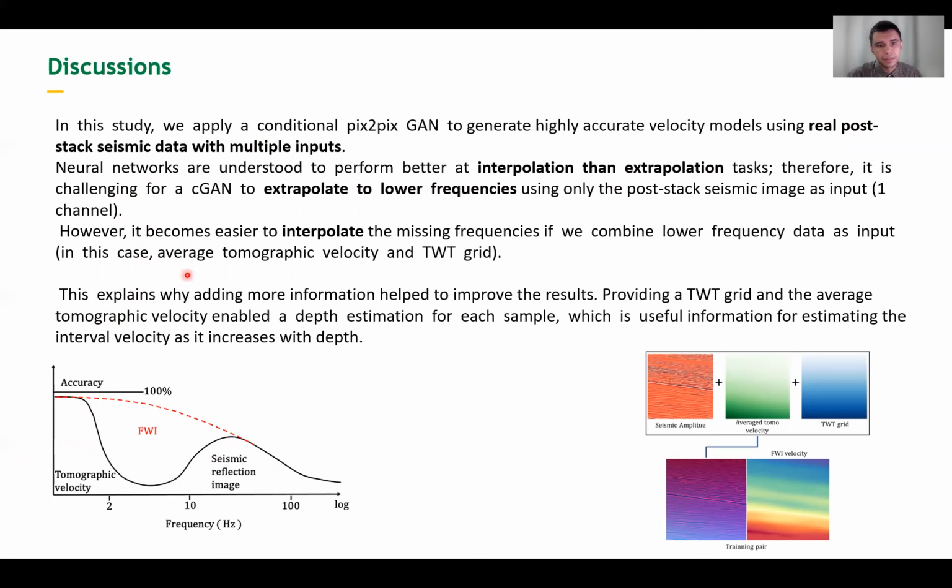However, it becomes easier to interpolate the missing frequencies, the FWI, if we combine a lower frequency data input, in this case, average tomographic velocity and two-way time grid, these two additional channels in the input. This explains why adding more information helped to improve the results.